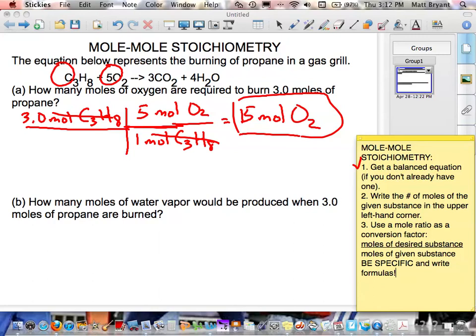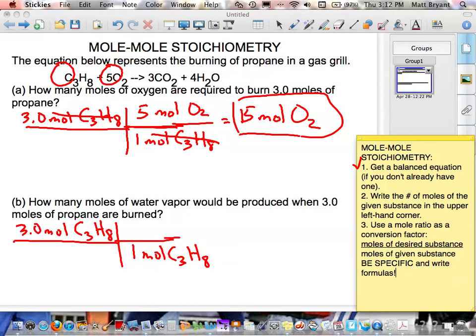So I'm going to move right on down to part B. How many moles of water vapor, and that's just H2O, would be produced when 3 moles of propane are burnt? So we start with the same 3.0 moles of propane, and we have to use that 3.0 before anybody gets annoyed because we're dealing with sig figs. We're dealing with precision. So, on the bottom, we're going to put the same 1 mole of C3H8 that we had previously because there's still a coefficient of 1 in the equation.